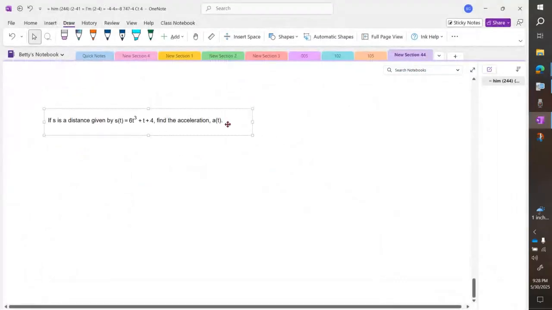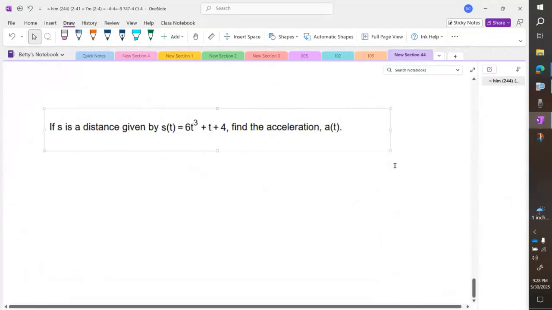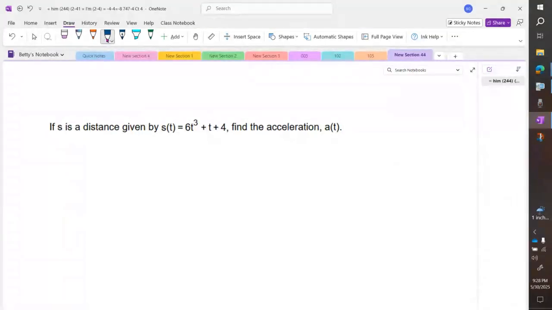The acceleration function is the second derivative of the distance function. Distance function s of t, 6t to the power of 3 plus t plus 4. The velocity function is the first derivative of s. So 18, I can actually slow down.